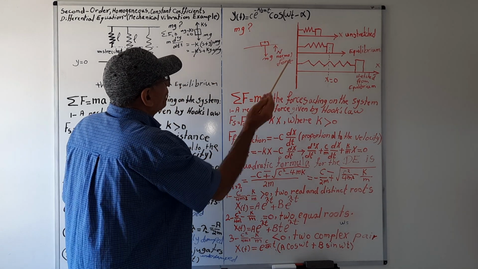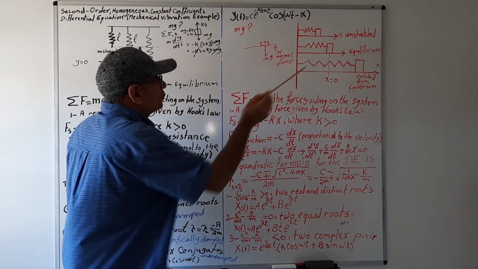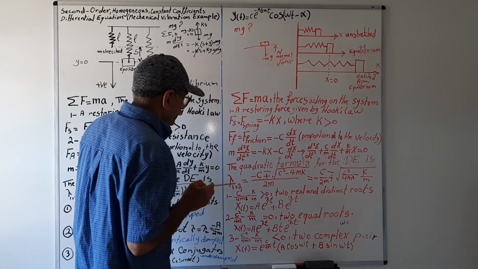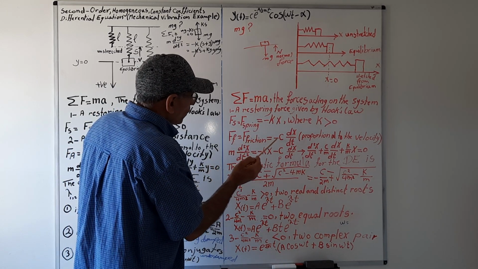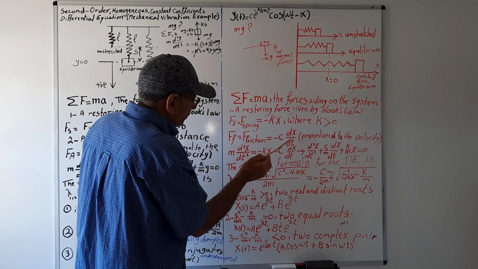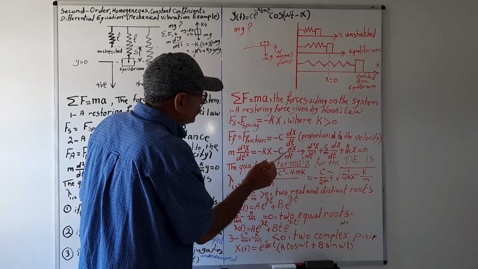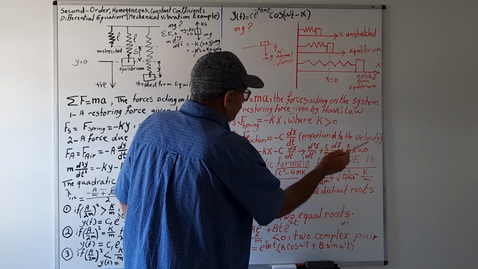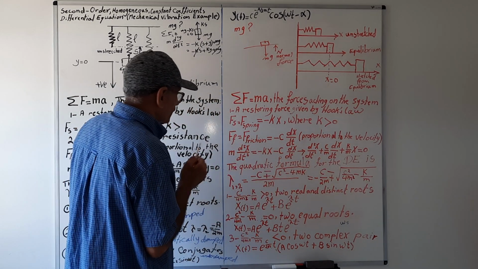We have another force, the friction force between the mass and the surface, equal minus c times the velocity, dx over dt, proportional to the velocity.